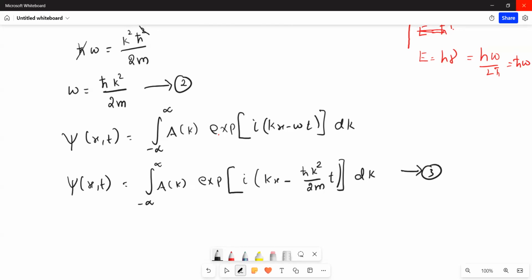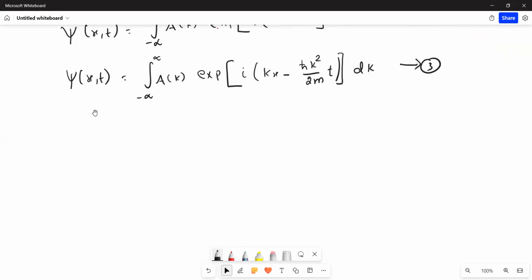Now you need to differentiate this equation, psi of x comma t, with respect to t first. What will you get? Del psi by del t.